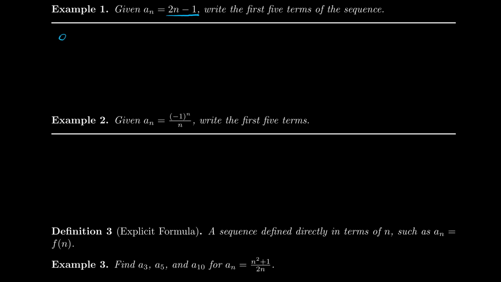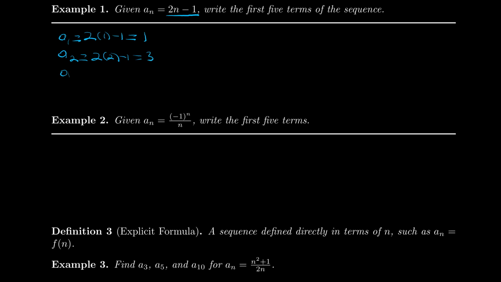Our a sub 1 is going to be 2 times 1 minus 1, which is 1. Our a sub 2 will be 2 times 2 minus 1, which will equal 3.